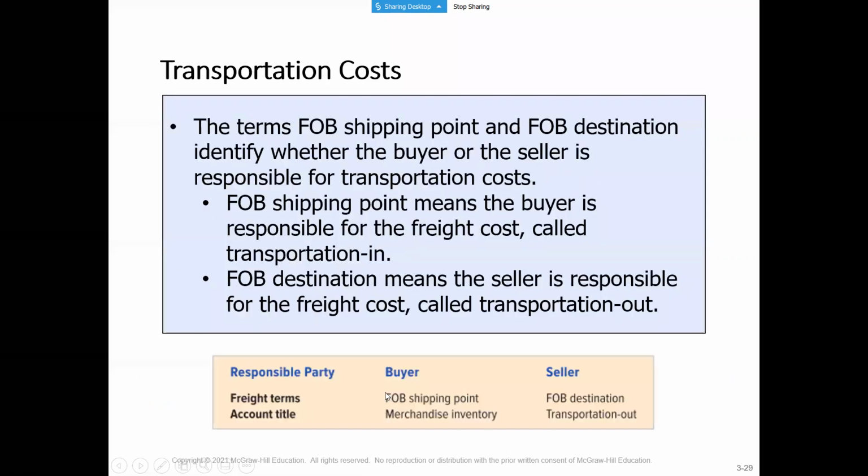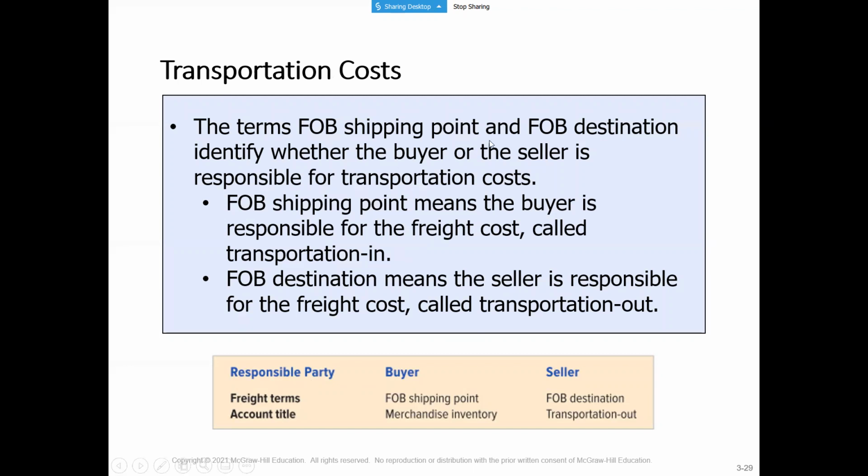Okay, transportation costs. Again, transportation costs depend on what the terms of sale were, and this is the bottom of page 101 in your text. There is FOB, free on board, freight on board. It's called a couple of different things.